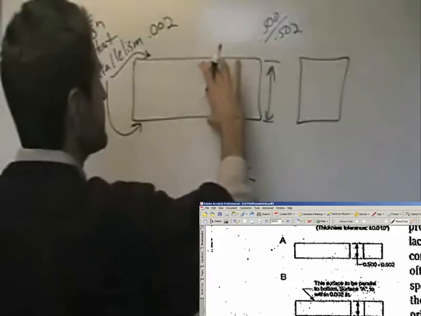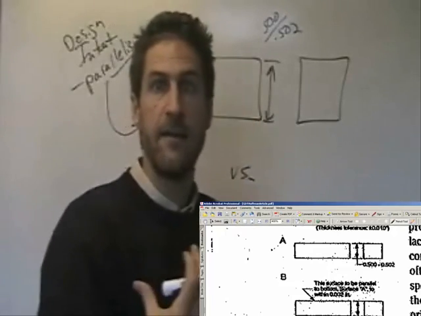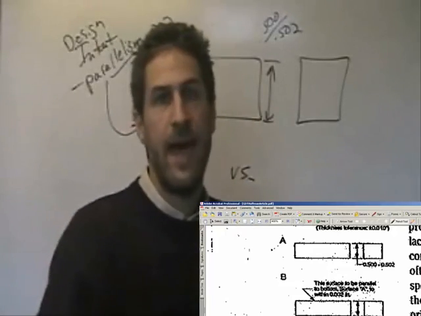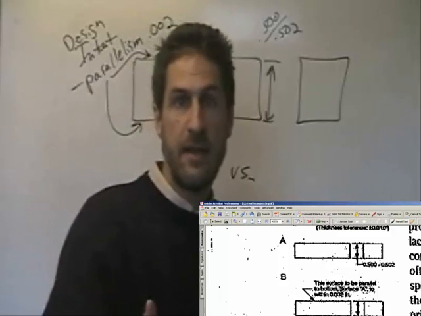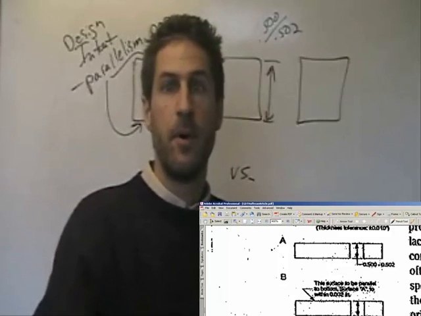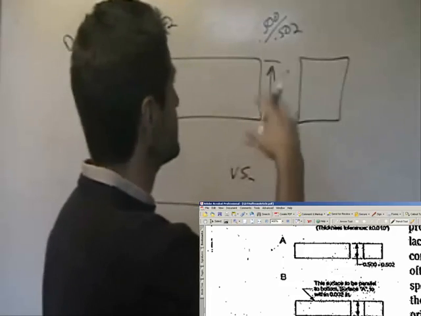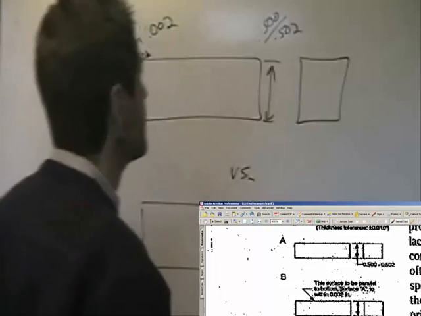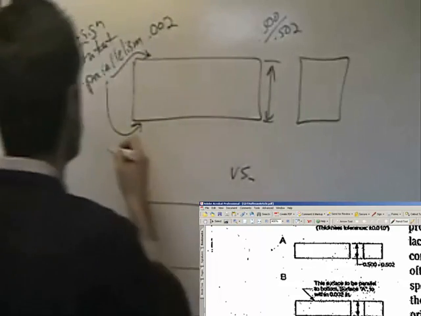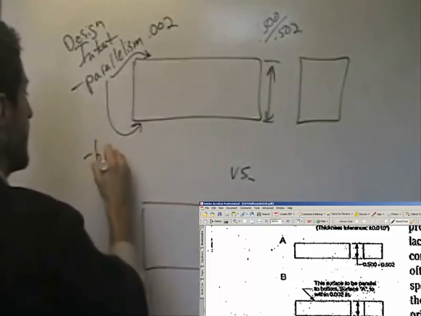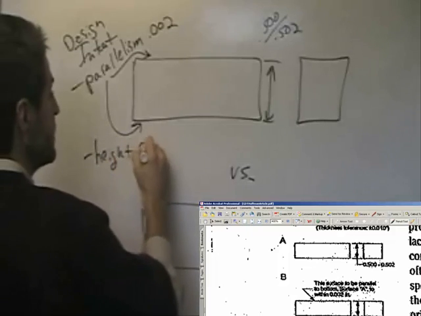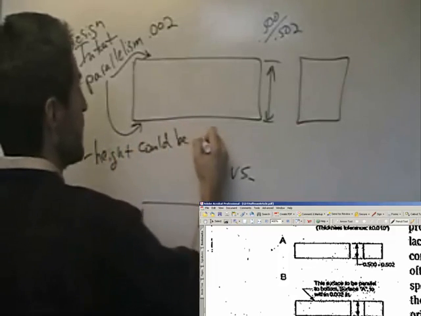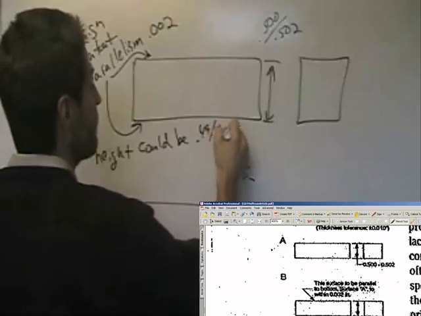Now, in terms of this height, the 1/2 inch height, the designer's not that concerned about it. It's desired to be 0.5, a 1/2 inch, but if it's even maybe 0.49 or 0.51, that'd be fine. So the second thing is that height really could be 0.49 to 0.51.